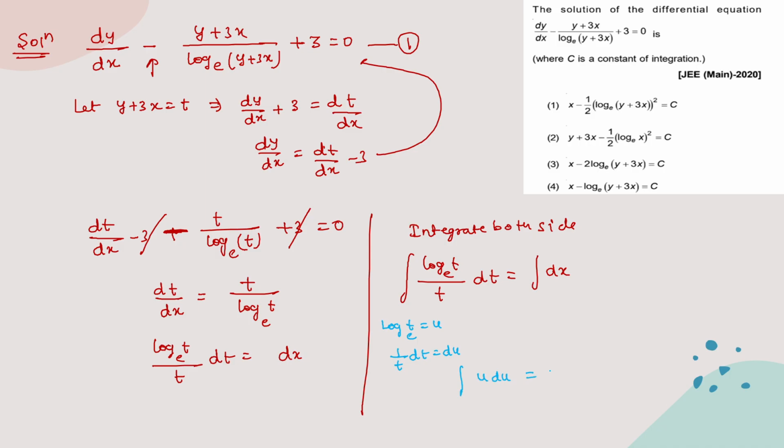Okay, is equal to integration of dx, and finally it is u square by 2 is equal to x plus c. So you will be getting u value, we can directly put now, log of t base e whole square by 2 is equal to x plus c, and from here only I think you can get the answer, right?